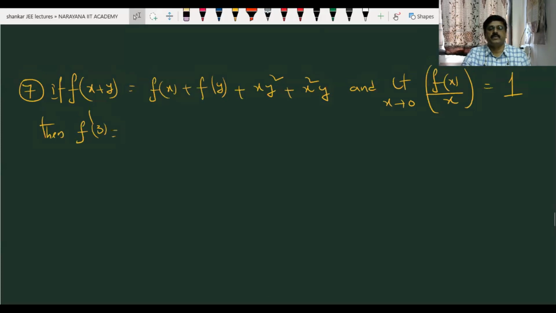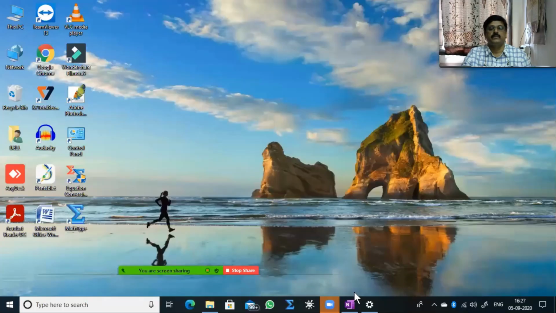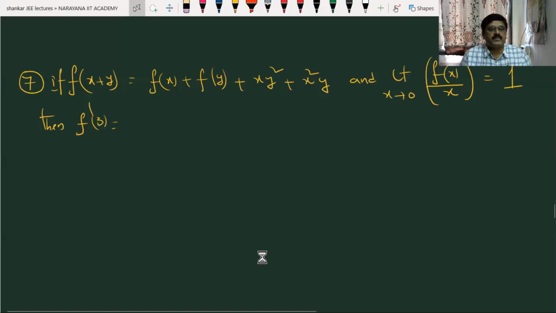Next problem, students, you have to observe carefully. If f of x plus y is equal to f of x plus f of y plus xy square plus x square y, and the limit as x extends to 0, f of x by x is equal to 1, then what is the value of f dash 3?